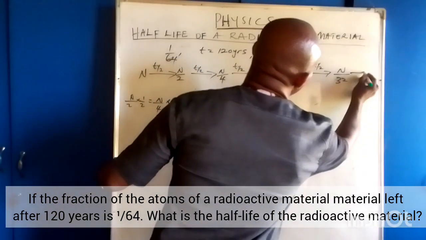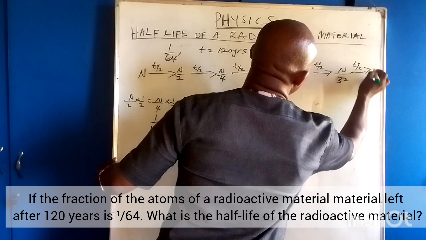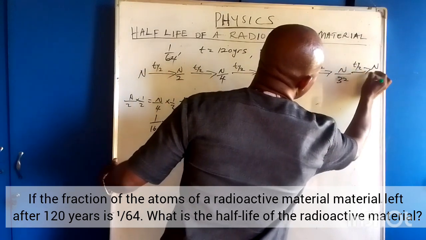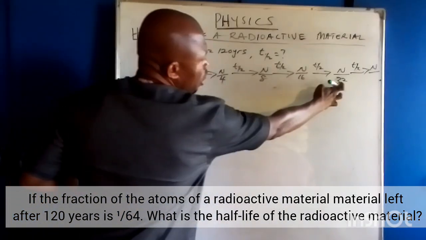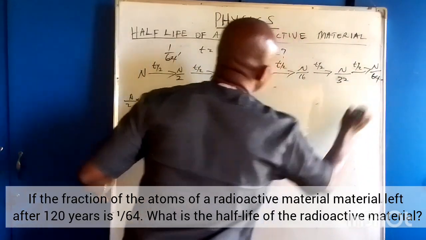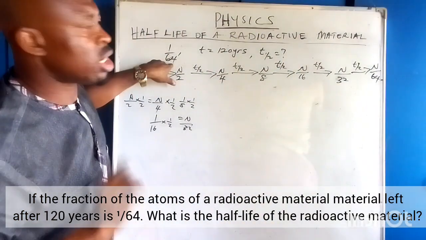After another half-life, half of this will give us N over 64. And of course, this is the desired fraction.